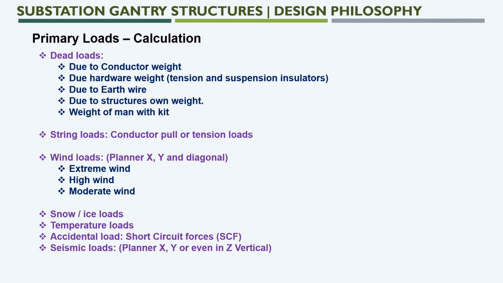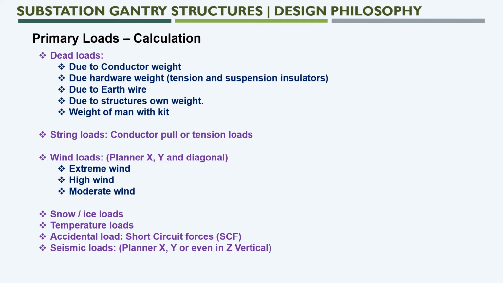Generally this will be some 100 kg or 1 kilonewton to be considered as per the customer requirement, or even the standard codes specify these loads. So it is a point load to be applied on the critical locations. Suppose on the midspan, we can consider this weight of man with the kit.